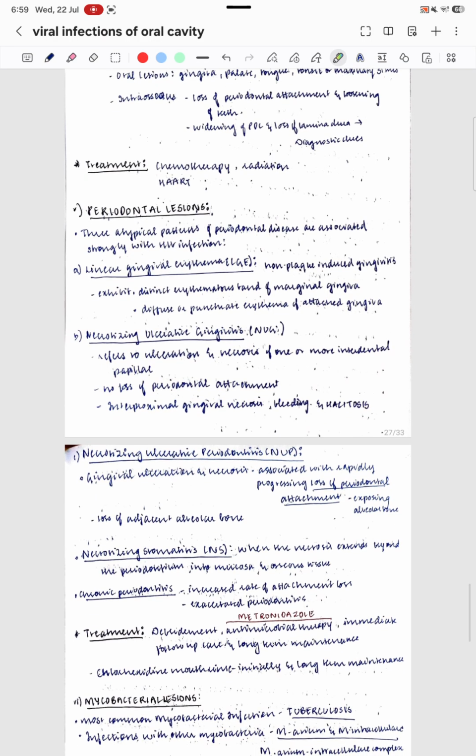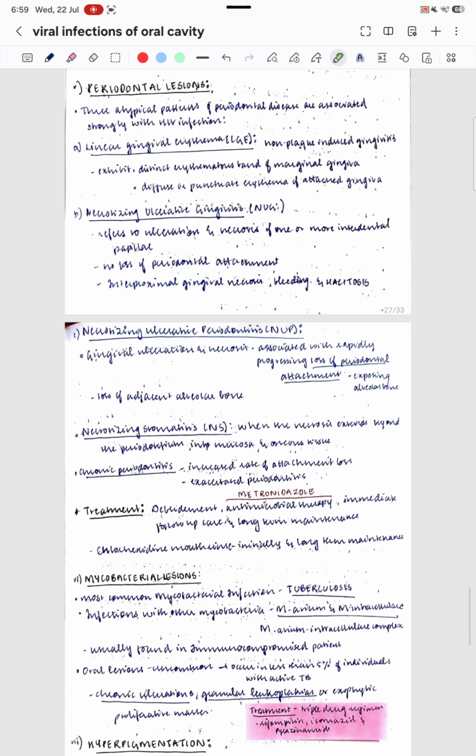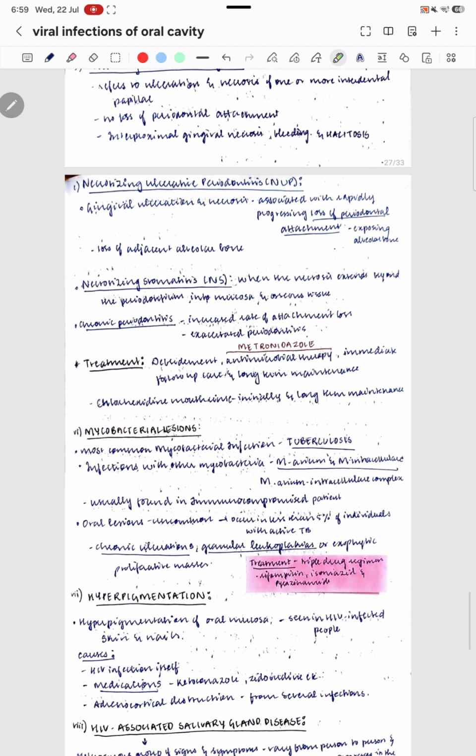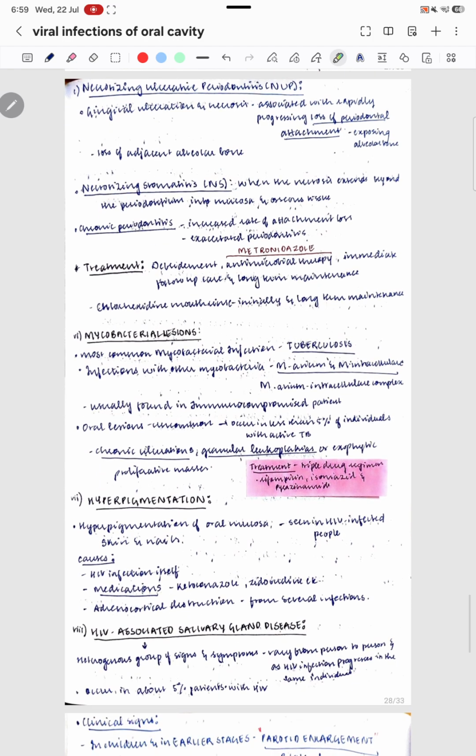Then you have something called NUP, necrotizing ulcerative periodontitis. So there are gingival ulcerations and necrosis associated with loss of periodontal attachment, exposing alveolar bone, and loss of adjacent alveolar bone.